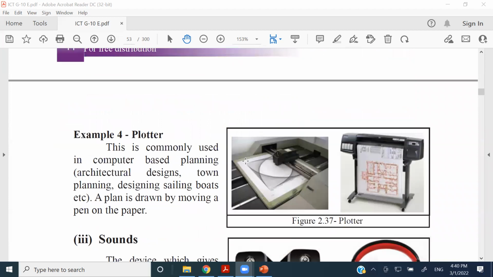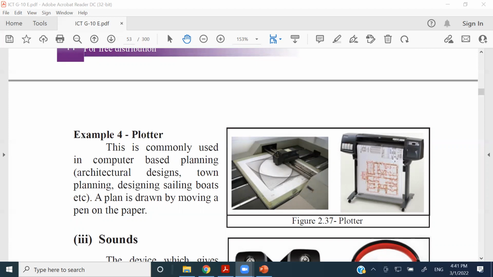And the plotter, on the other hand, is there to print very big printouts, like the blueprint of a particular house, right? When you are printing the plans and all these things, it prints on a very big sheet. We use the sheet size A0, like the composition of 16 A4s together.